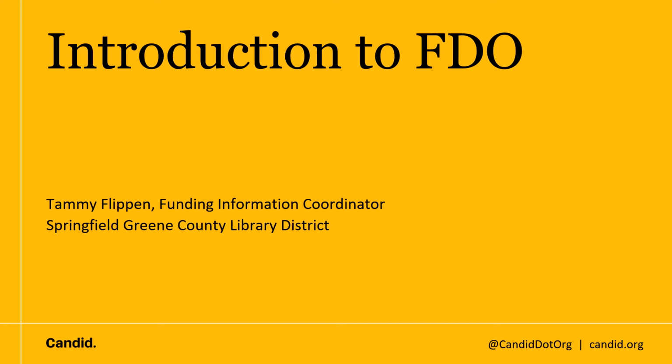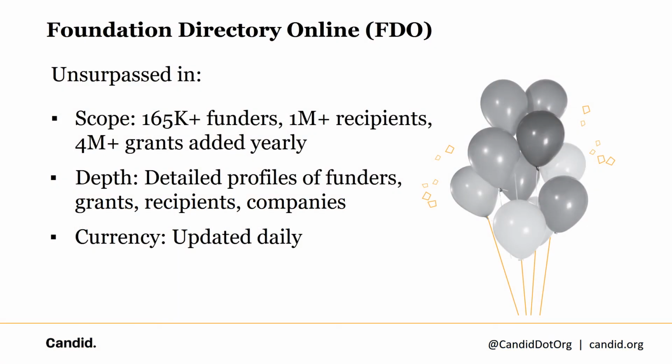Today, we're going to go over an introduction to the Foundation Directory Online, or FDO. So we'll get started here with our slides. The Foundation Directory Online is a very, very powerful database. It coordinates funders, recipients, grants.